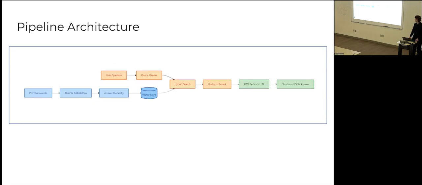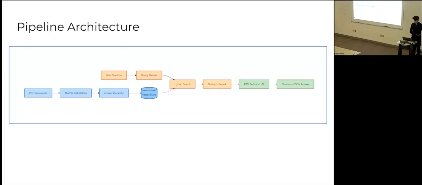First and foremost, I want to go over the pipeline architecture. It's pretty similar to what we talked about earlier. We take the PDF corpus and we embed it. But I want to note that for the Bedrock deployment, we switched to Amazon's Titan v2 embeddings. The winning solution used Jina v4.